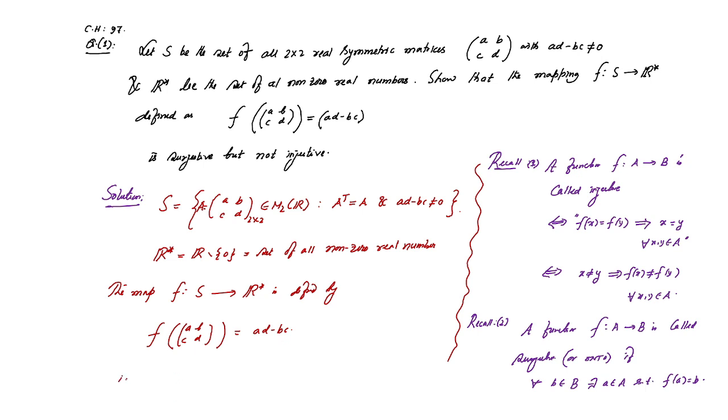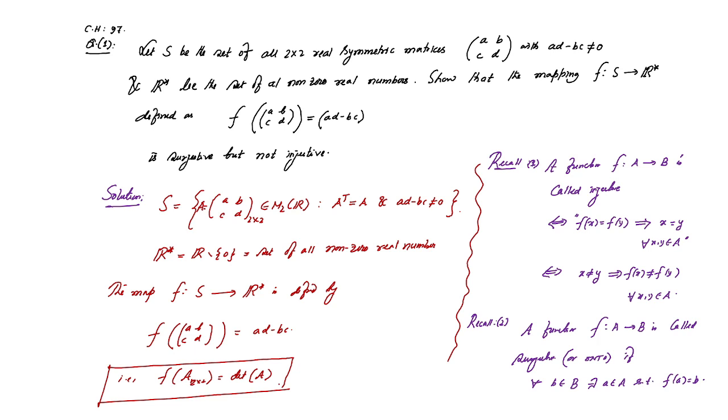So F of A, this 2 cross 2 matrix, is basically the determinant of A. So we are given the determinant map, and now we have to check that this map is surjective but not injective.